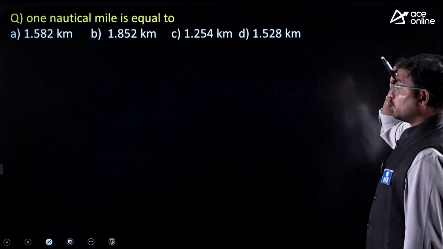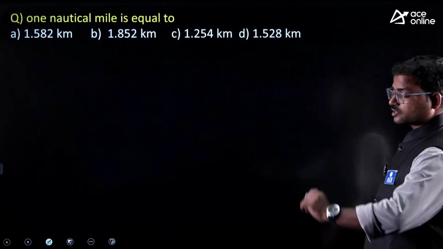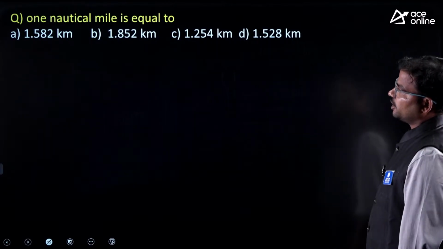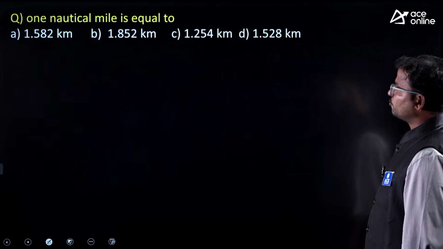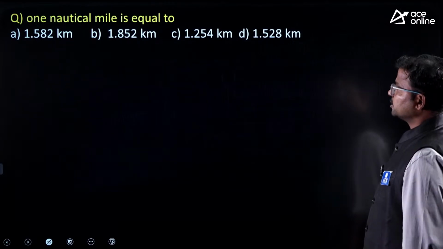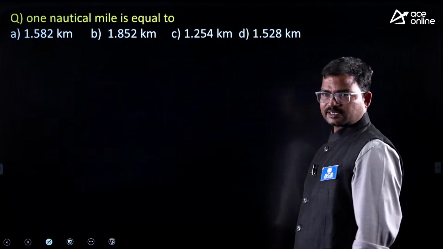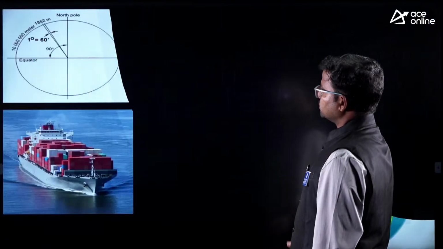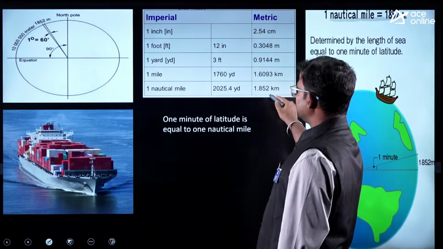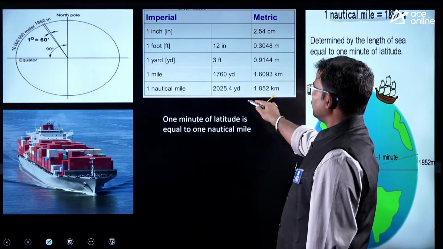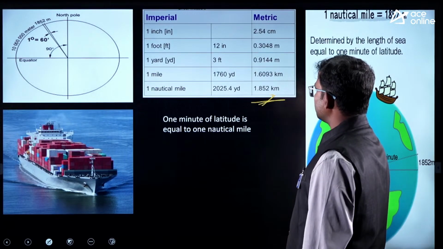Right, 1 nautical mile is equal to 1.852 kilometers. This is also a basic type of question, and such questions are mostly expected in your examination. Actually, guys, 1 nautical mile is equal to 1.852 kilometers.